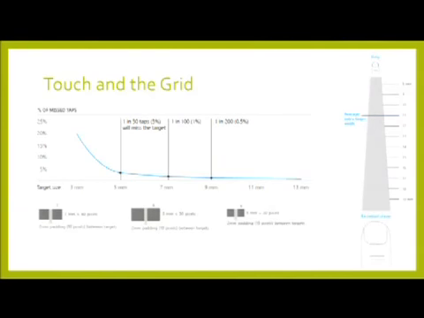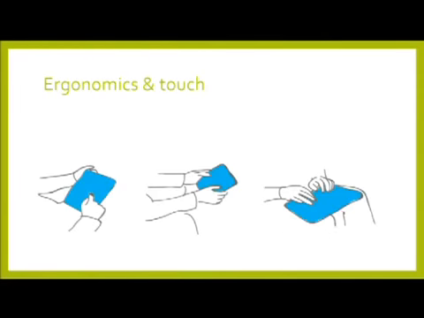Okay, just saying. All right, so then you start thinking about the ergonomics of touch, and how are people using their tablets? And for those of you who have tablets, you've done this. For those of you who don't have tablets, you can imagine this. Okay, so first is they're either sitting or they're with one hand touching and moving, or they have two hands on it and they're using their thumbs.